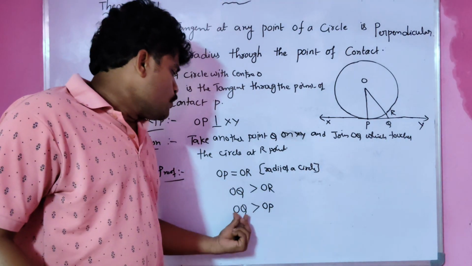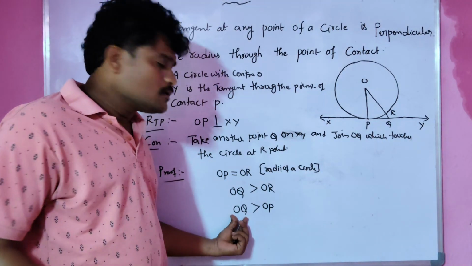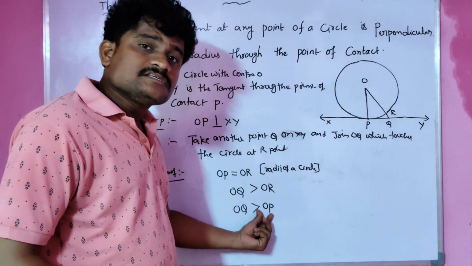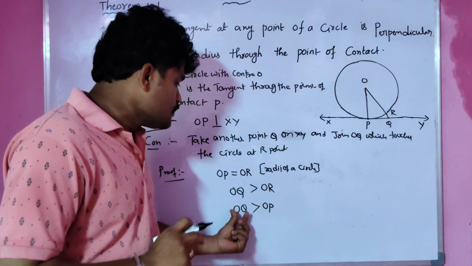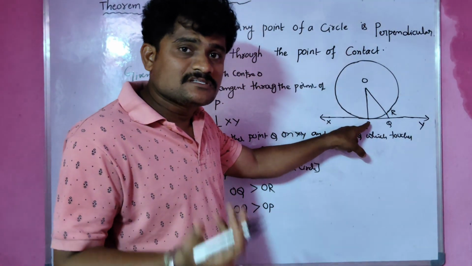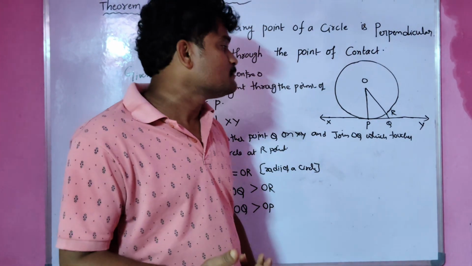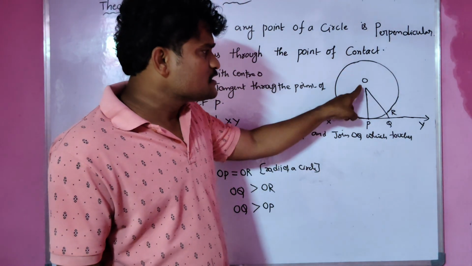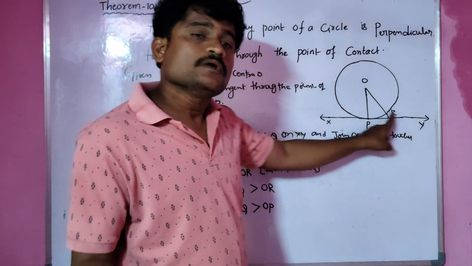That means OQ distance is longer than OP. In another way, OP is the shortest distance compared to OQ. So it is proved that OP is the shortest distance compared to any other distance from the center to the points of the tangent. So we can say OP is perpendicular to XY.